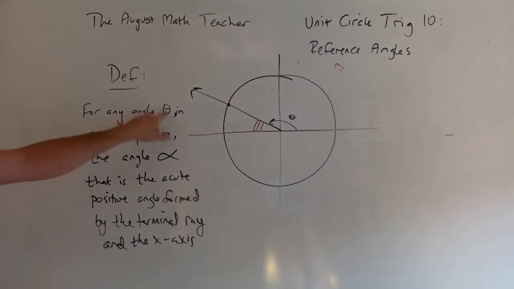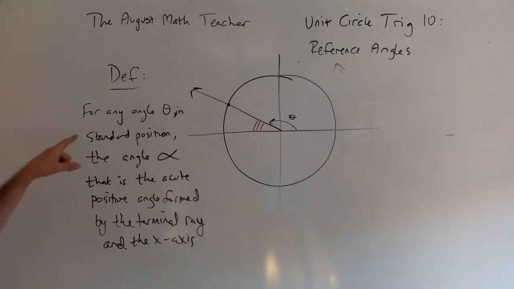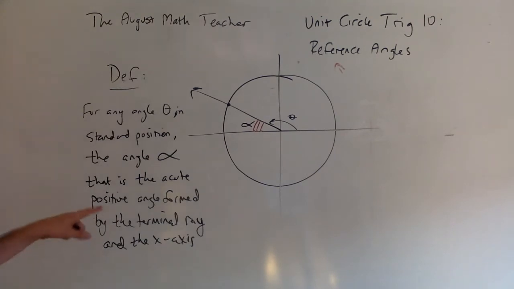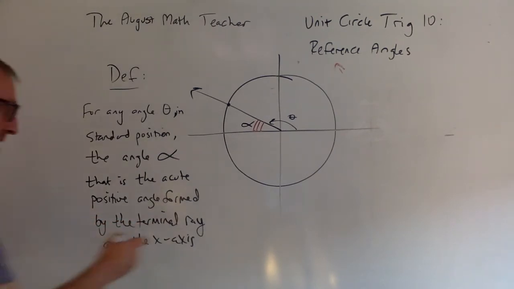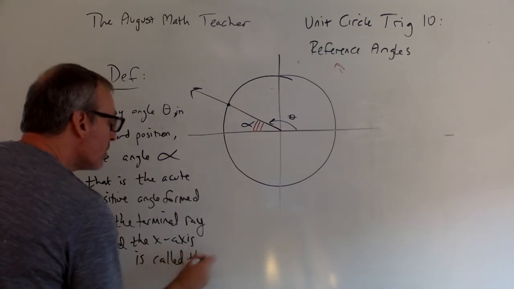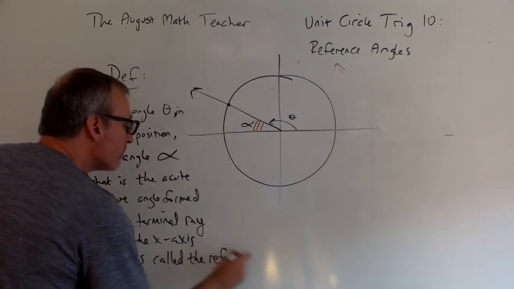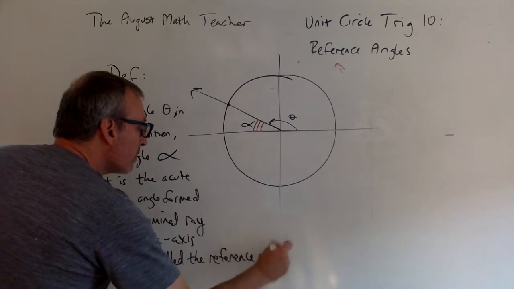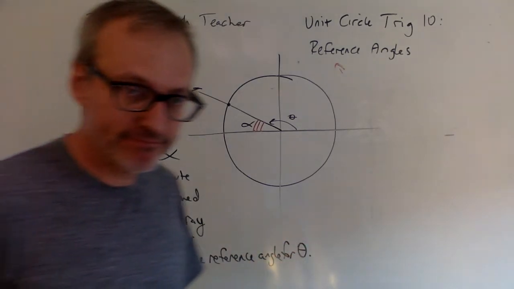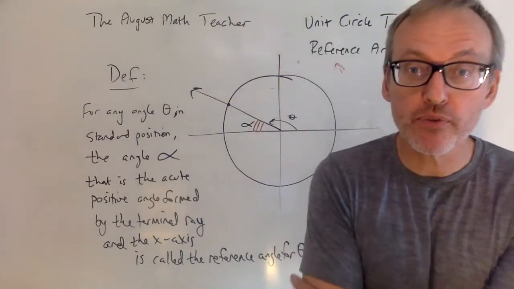So for any angle theta in standard position, the angle alpha, that is the acute positive angle, so here's alpha, formed by the terminal ray and the x-axis, is called the reference angle for theta. It's called the reference angle for theta.